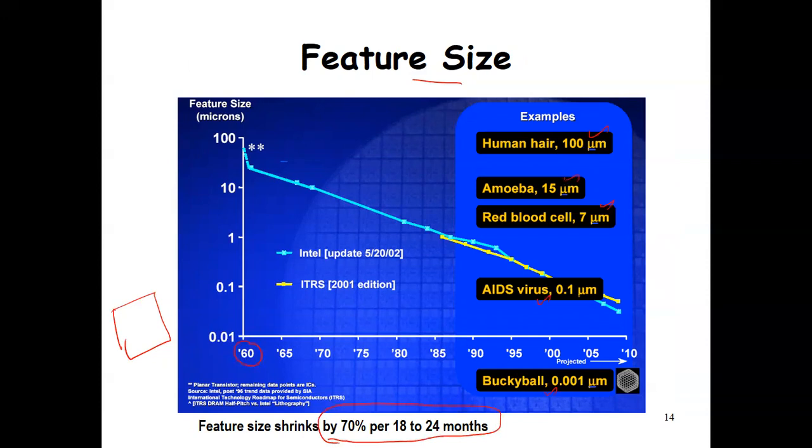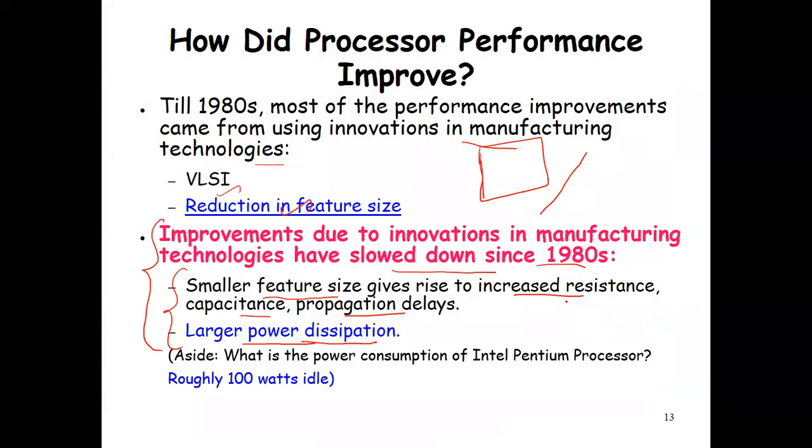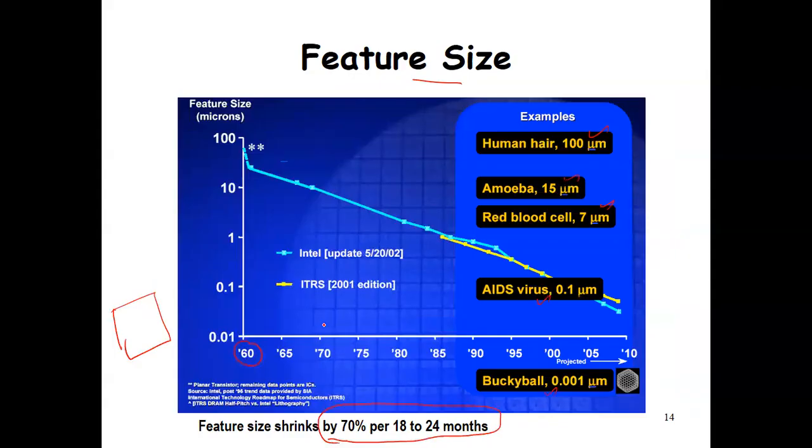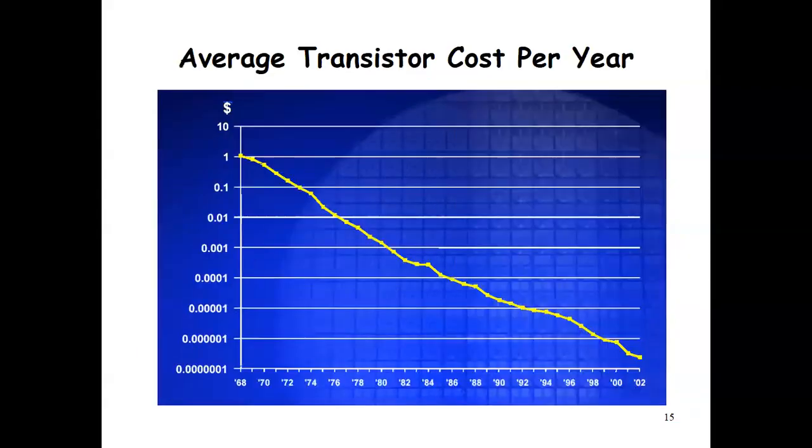But here you can see, even if you reduce the feature size beyond a certain point, again it may create other issues. It may increase the resistance, capacitance, propagation delay, and it may lead to higher power dissipation. Okay, right? This diagram represents the transistor cost per year.